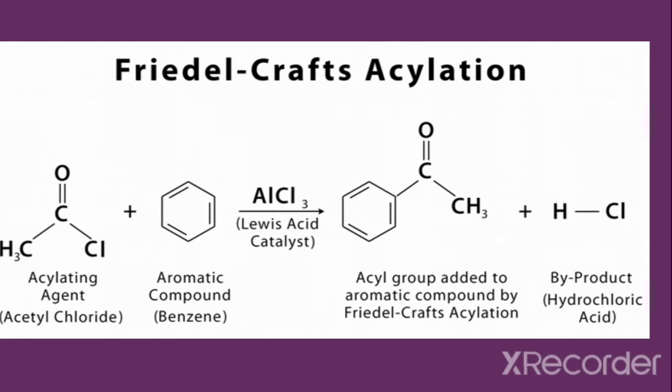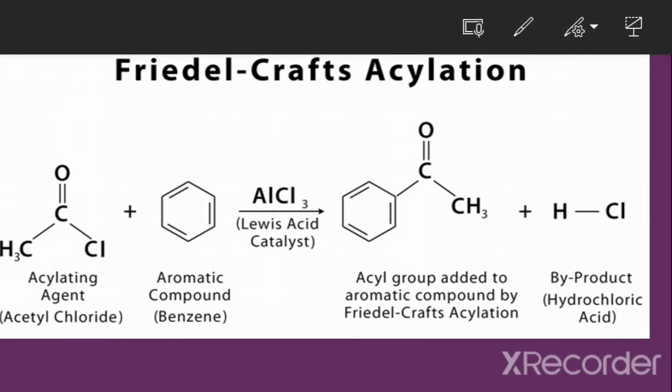It is known as an acyl compound because the carbon that is attached to the other carbon is also attached to oxygen with a double bond and a halogen. This is the acyl group, and this is chlorine. So acyl chloride, in the presence of the Lewis acid catalyst that is aluminium trichloride.